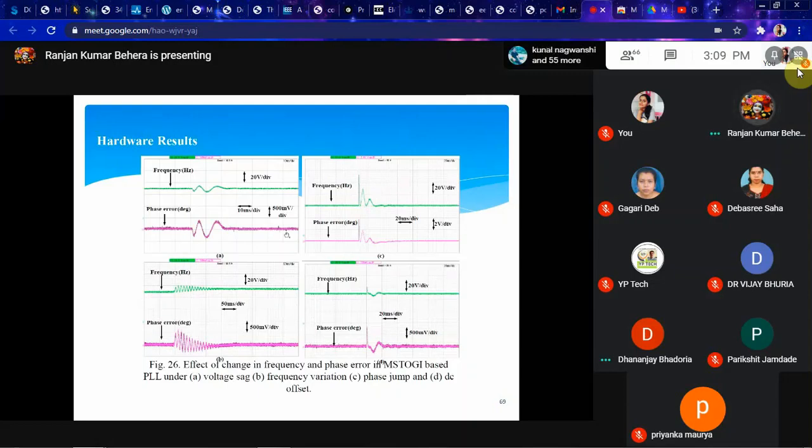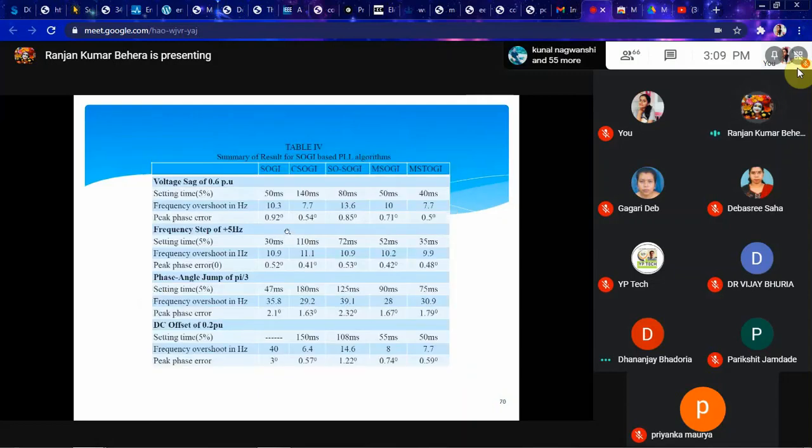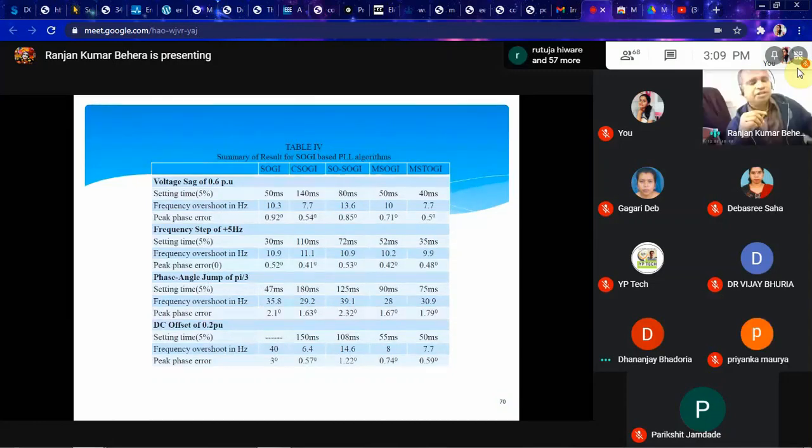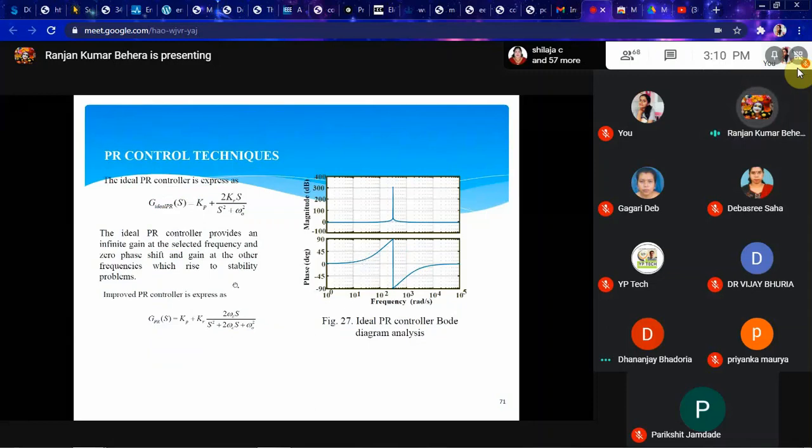And this is the summary, and from here you can understand what the voltage sag is and that the settling time must be minimal. All these things you must take care of while designing the PLL circuit. Then we used the proportional plus resonant controller, whereas most of the time in power electronics we have a proportional integral controller.